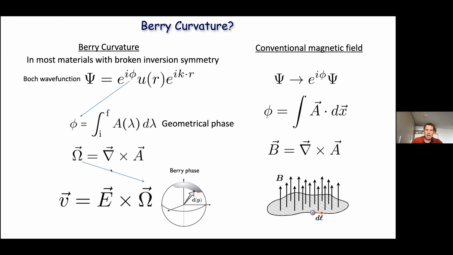Now, keep in mind that there are small differences, and typically we represent the Berry curvature in momentum space, while magnetic fields we can work in real space, but the effects are very similar in the sense that you can have a motion perpendicular to the electric field.